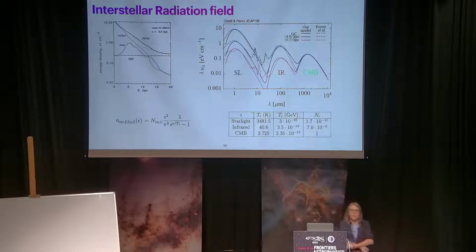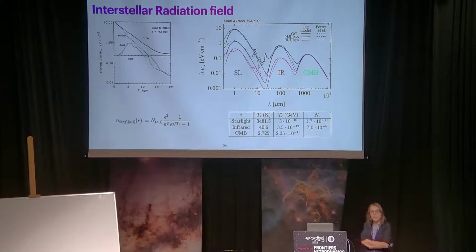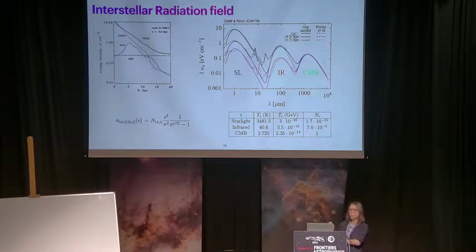But what is it really, this interstellar radiation field? Well, it is the ensemble of photons that is produced by stars within our own galaxy. You have a typical peak of the interstellar radiation field at a few micrometers from the emission of optical light from stars.